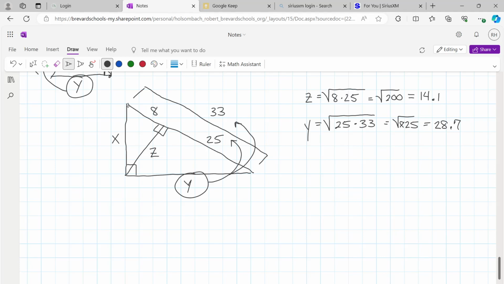And then for x, the left side of the original triangle, x is equal to the square root of the piece right around the corner, which is 8, times the entire hypotenuse, which is 33. And 8 times 33 is 264.